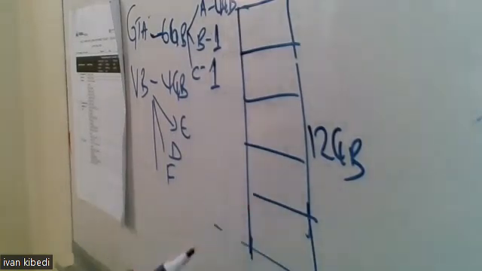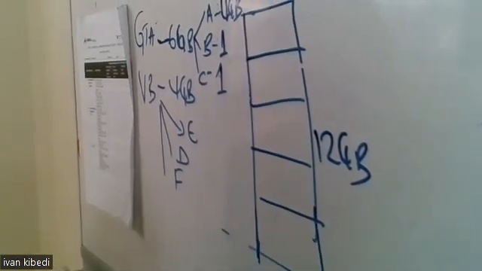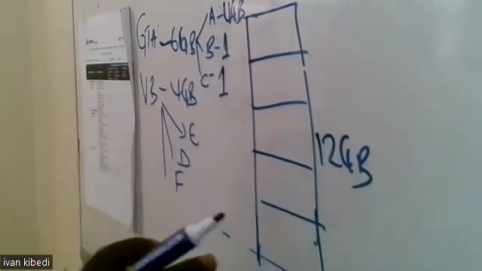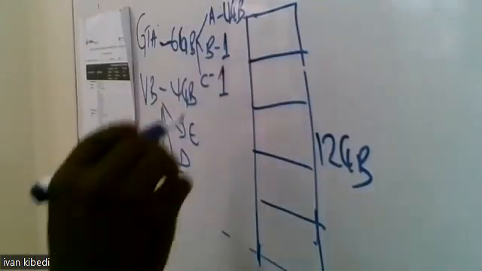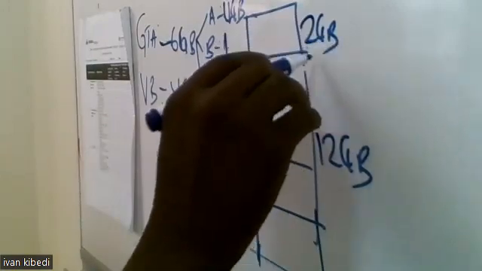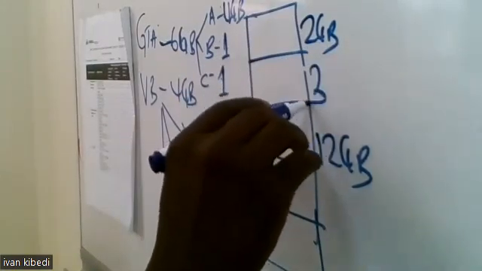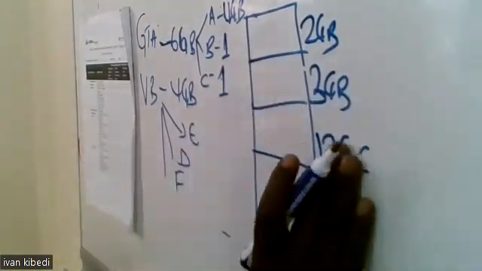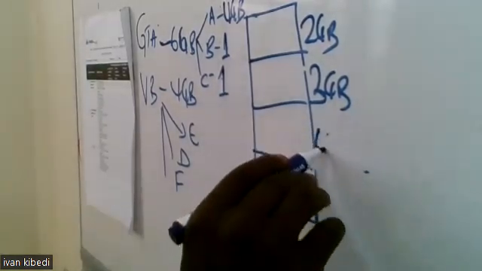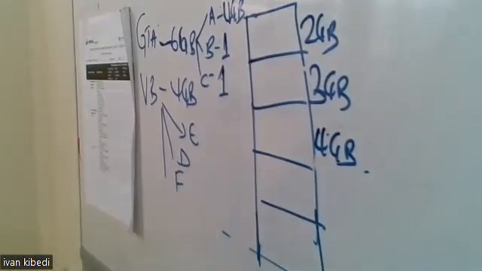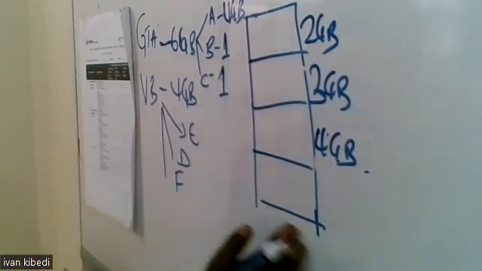Remember, the memory is made up of 12 GB. It can split it into sections. So you can say this first section can have 2 GB. The second section can have 3 GB. The third section can have maybe 4 GB. That gives us 5 plus 4, which is 9.